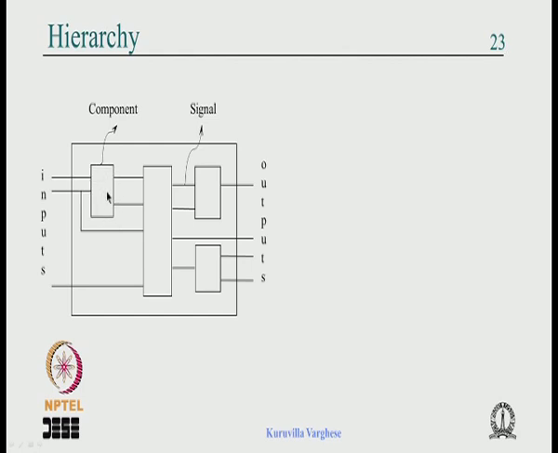So maybe you take these two components, they may be the same components. You can have the same component instantiated multiple times in an architecture. So you have to declare in the architecture declaration region before the begin the component name, its inputs, its outputs and the data type, exactly like the entity of that component has to be repeated.